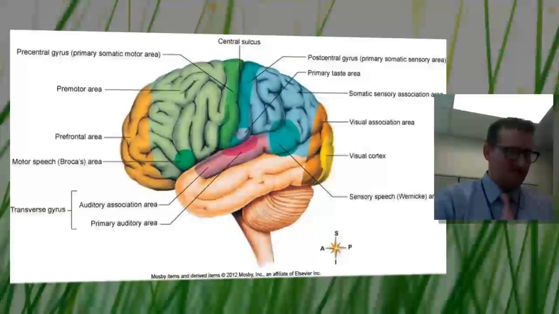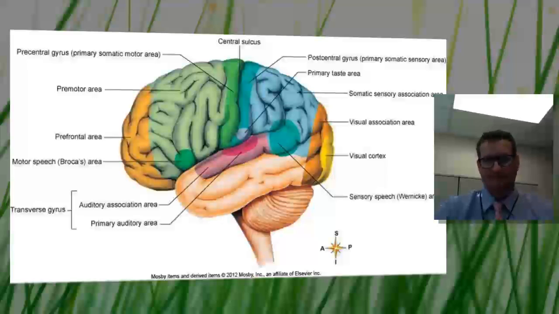Cerebral processing is associated with the 5 major physical senses. You have, number 1, the primary gustatory complex, which handles the interpretation and sensation of taste. And so that would be right here. This is the primary gustatory area.